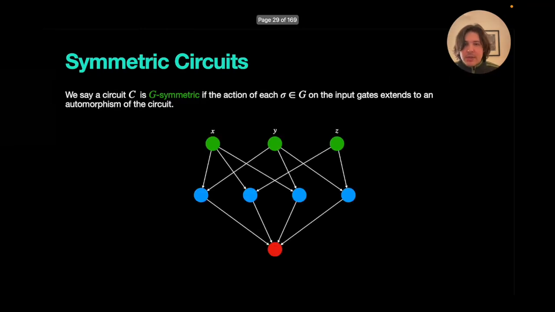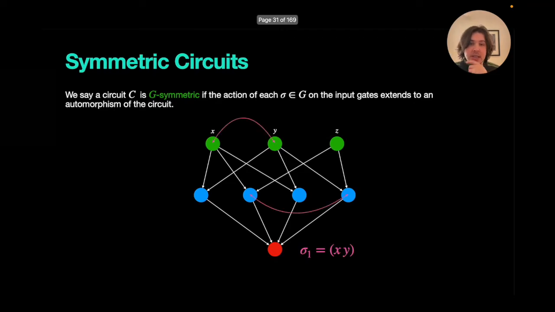Let me give a somewhat concrete example. So here we have a circuit where the input gates are labeled by X, Y, and Z. And we want to consider to what extent the circuit might be symmetric. So let's consider just the transposition XY. Now, if we were to transpose XY, does this permutation extend to an automorphism of the circuit?